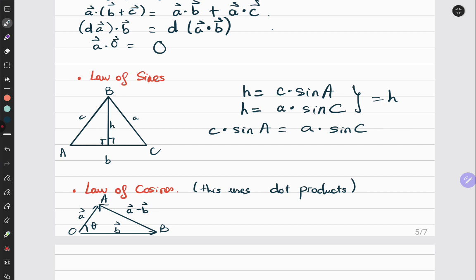Okay, actually, let's simplify. I hope when I write like this, it makes sense to you. Sine of A divided by A equals sine of C divided by C. If I write equal, what would be the third thing I write?